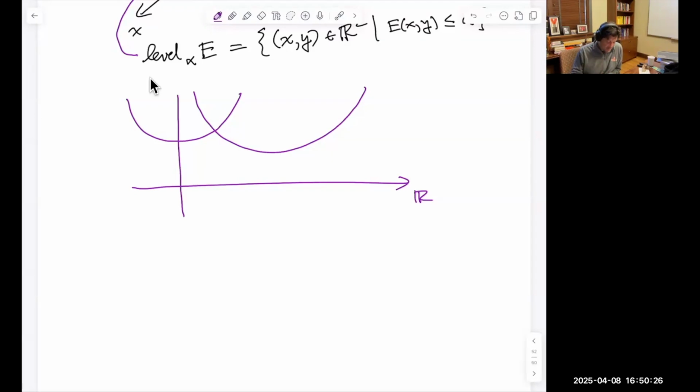The supremum function is, of course, going to be, for every point, you have to take the supremum, say, of this point and this point way up here. It's way up here, right? So, of course, that's going to be that point way up there. What about if I'm at this point?